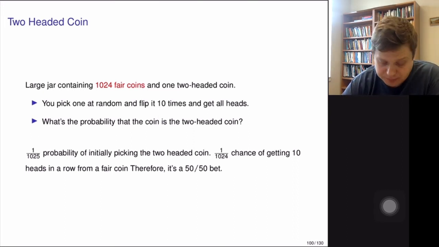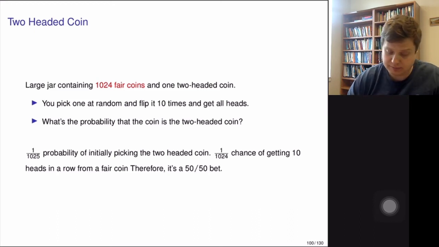Two-headed coins. We have a large jar. It contains 1,024 coins, and one of the coins is a two-headed coin. So we have 1,025 total coins. You pick a coin at random and flip it 10 times, and you get all heads.